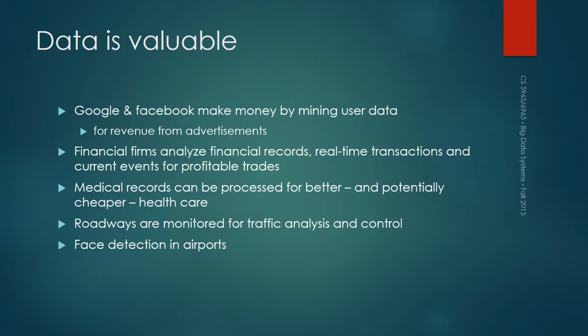So that's where the money is being made. Of course, financial firms do this. Medical records can be processed to figure out whether treatments can be better or possibly cheaper. You have data gathered from traffic cameras where you can do traffic analysis. There's a security application where face detection in airports, for example, tries to spot criminals or terrorists.